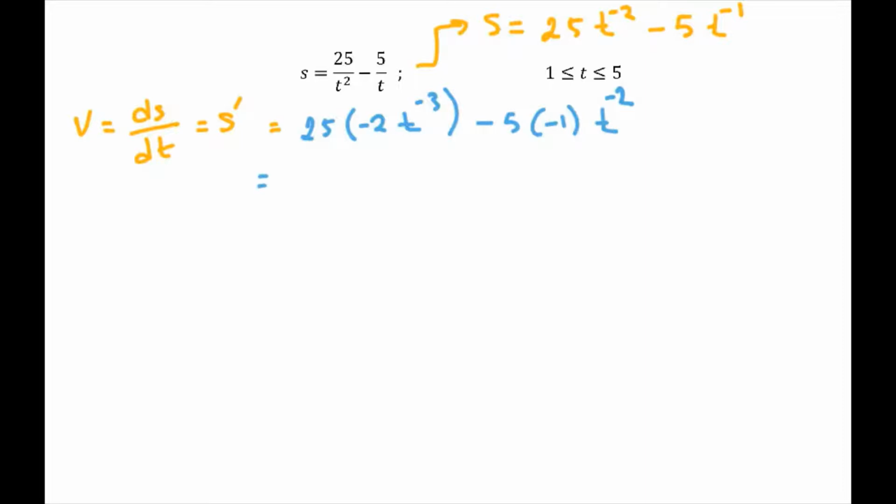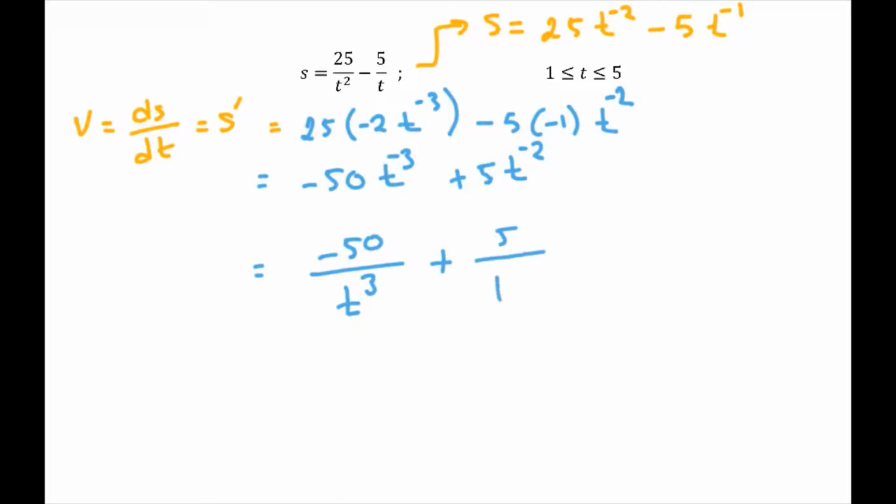Now simplify, that will be negative 50 t to the power of negative 3 plus 5 t to the power of negative 2. And you can write it as negative 50 over t cubed plus 5 over t squared.